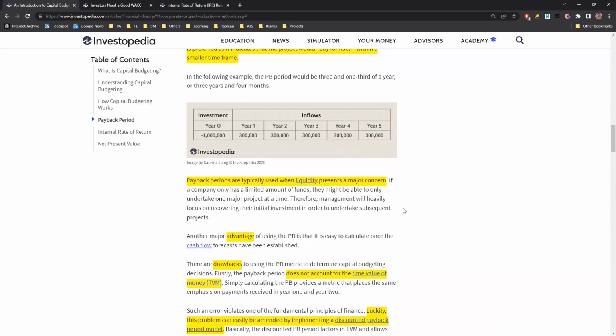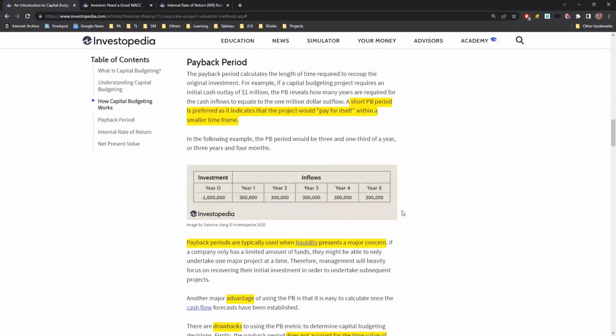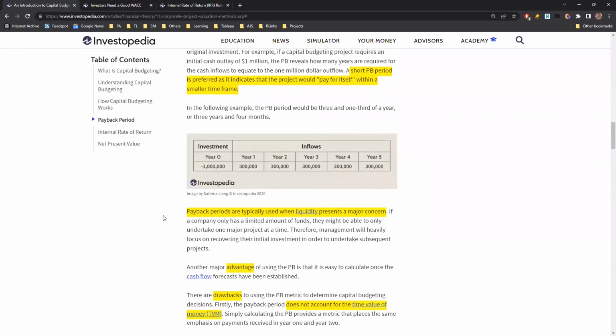Now, a couple of things about this payback period approach. First, as I said, each of these metrics is preferred in a particular situation. Payback period is typically preferred by companies where liquidity, that means the amount of cash the company holds for its activities, is a major concern.